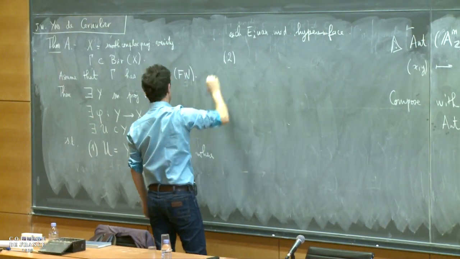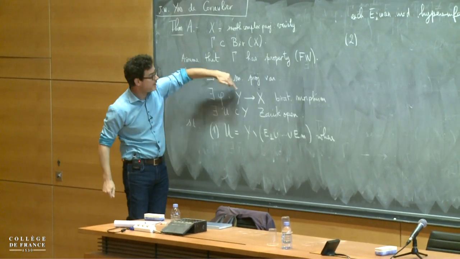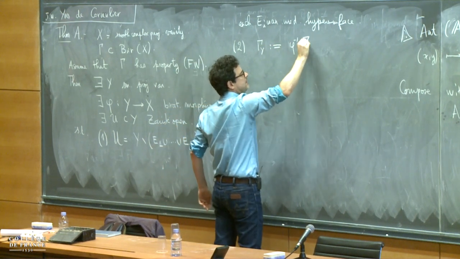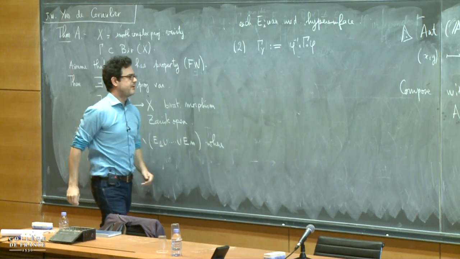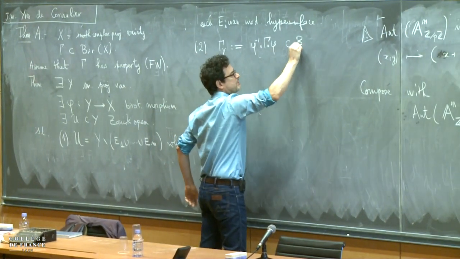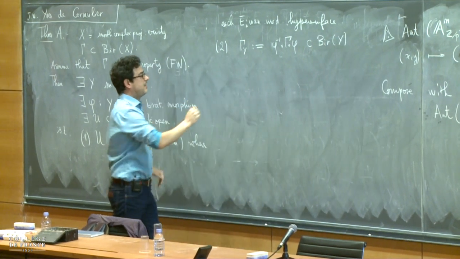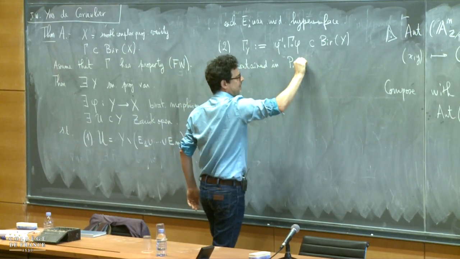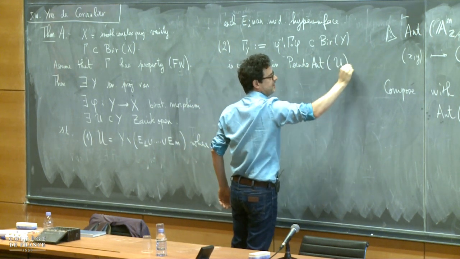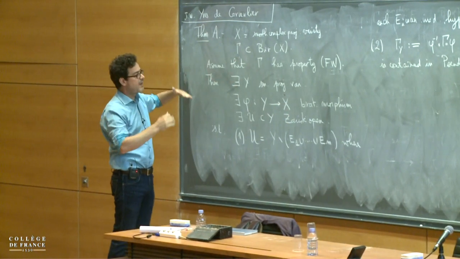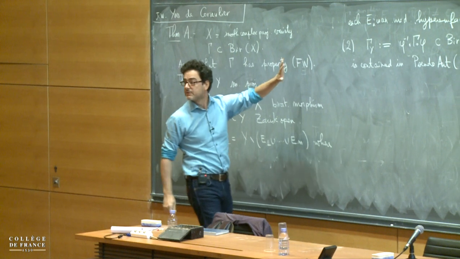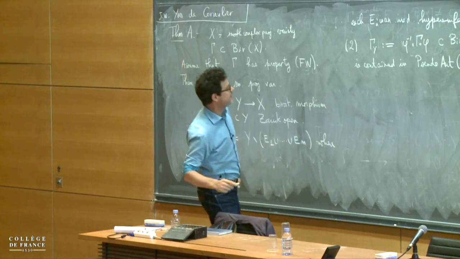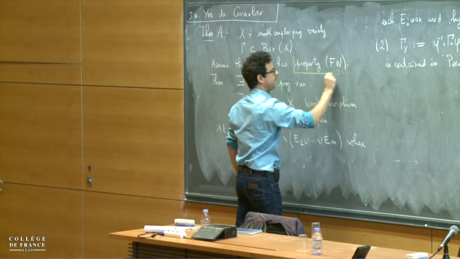And second, when you conjugate gamma acting on X by phi, you get a subgroup, gamma conjugated by phi, which is a subgroup of the group of birational transformations of Y. Then this group, in fact, is contained in the group of pseudo-automorphisms of the open set U. So on some large open subset, the group acts by pseudo-automorphisms. Okay, there are two notions that need to be described in detail.